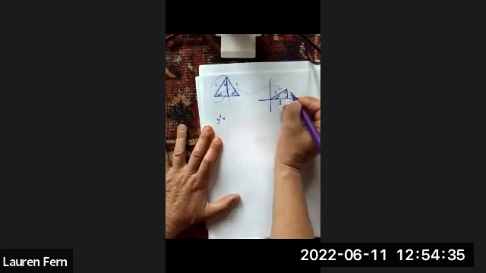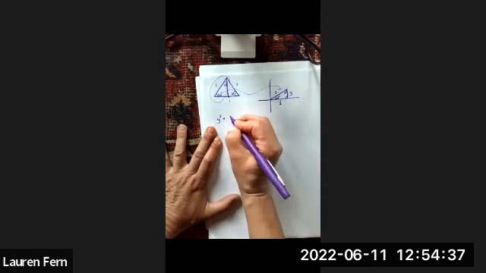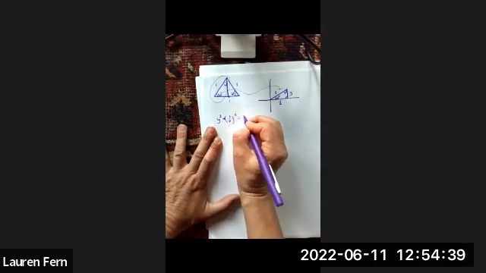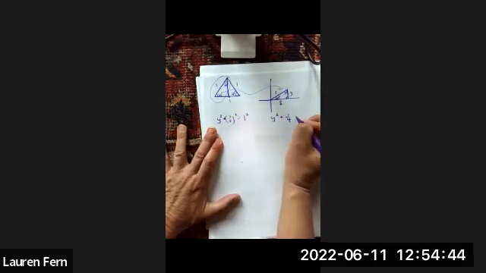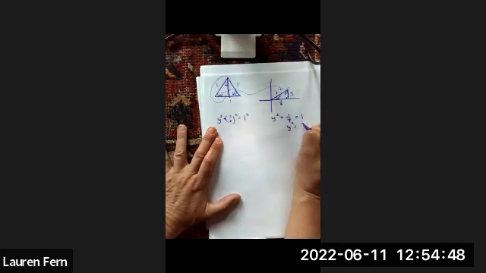So let's find what this length is. We get y squared plus 1/2 squared is 1 squared. So y squared plus 1/4 is 1. Solve for y, you get y squared is 3/4. And take the square root, and you're going to get positive and negative root 3 over 2.